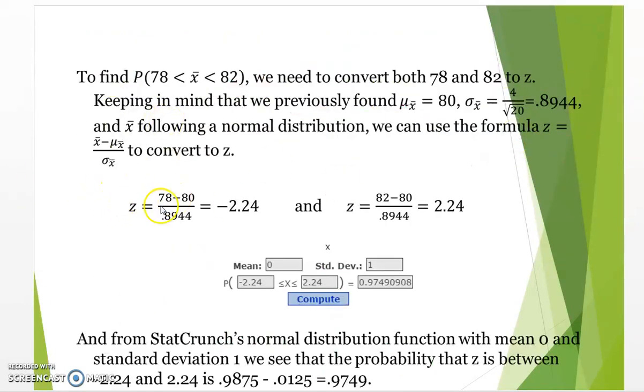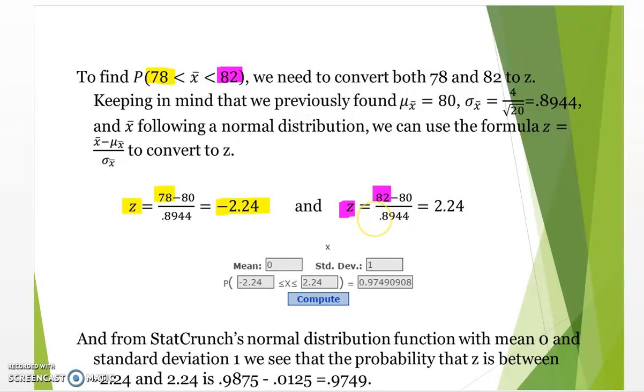So we're going to convert 78 as one of the x bar values to its z. Based on the formula, x bar minus mu of x bar divided by sigma x bar, we get negative 2.24. And then we're going to convert the 82 as x bar to its z.